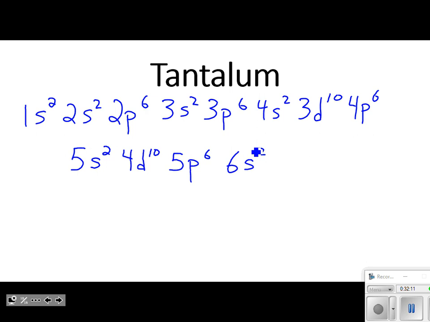What energy level am I on? 6, but D is what? N minus 1, so I'm on the 5 Ds. So, I have 1 5D, because I hit 57 before I hit 58.